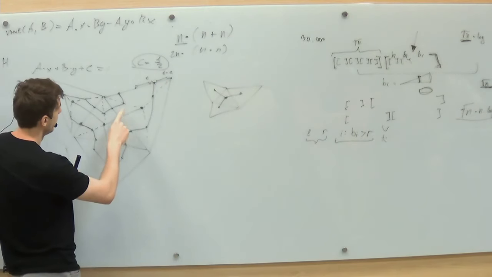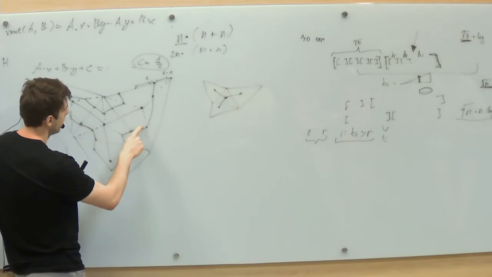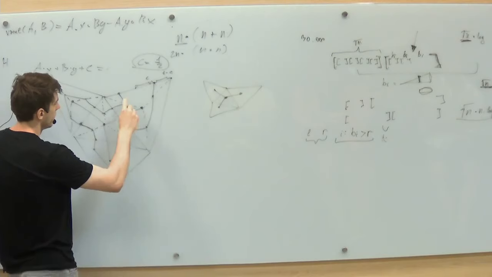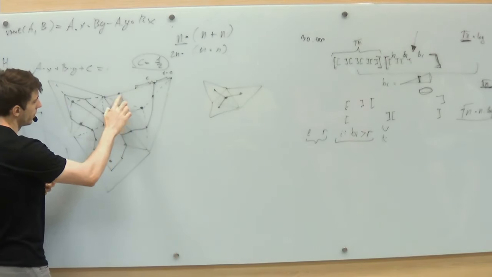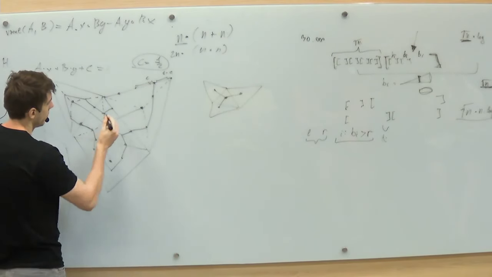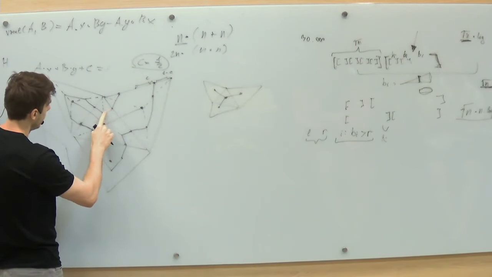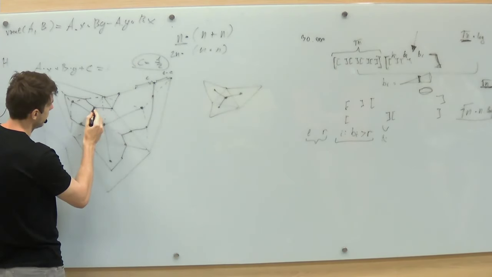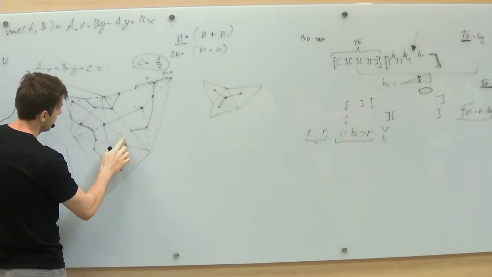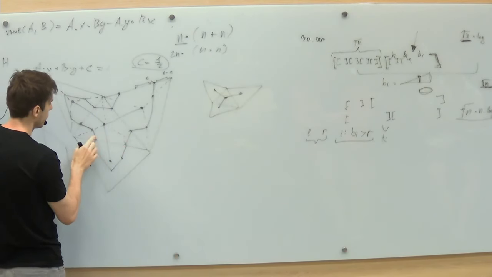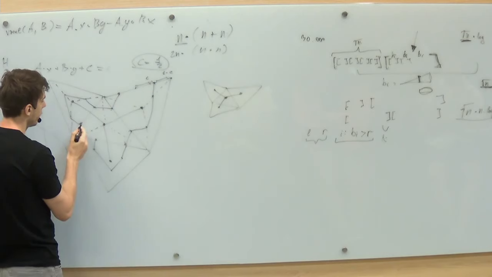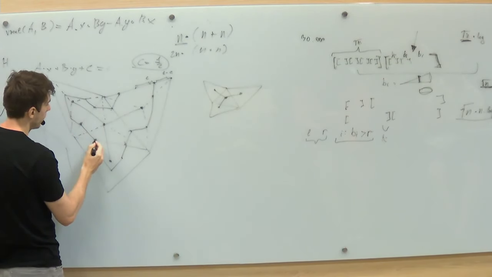And probably here I drew some redundant points, so instead of this, we can just connect immediately like this. And here also we can just connect like this, to decrease the number of vertices in our polygon.